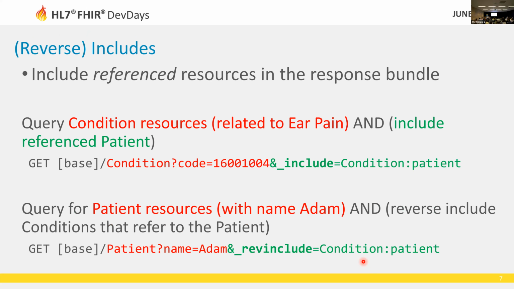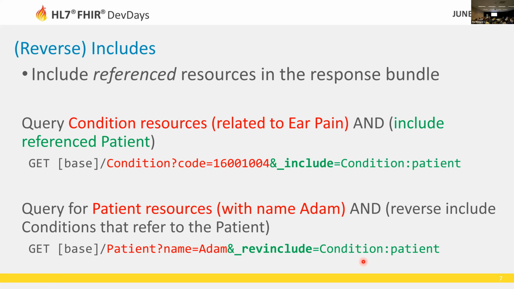Now, we talked about forward chaining, we talked about reverse chaining, but let's say we want to include these referenced resources in the response bundle. In my first slide, when I was talking about forward chaining, our focus was the Condition resource, and we were just returning Condition resources in the response, even though they were related to patient Adam Everyman. But there may be use cases where we need those referenced resources in the response as well.